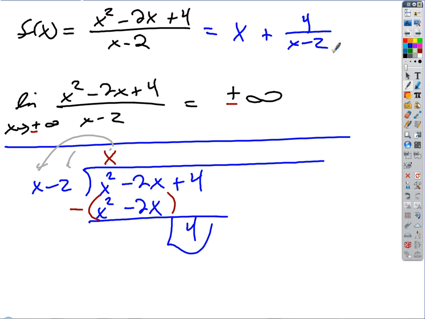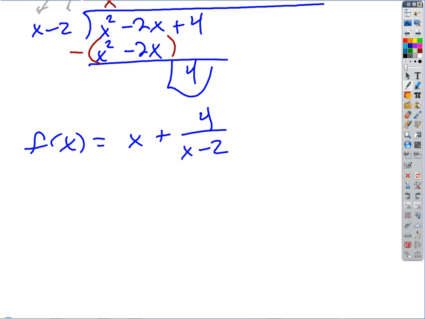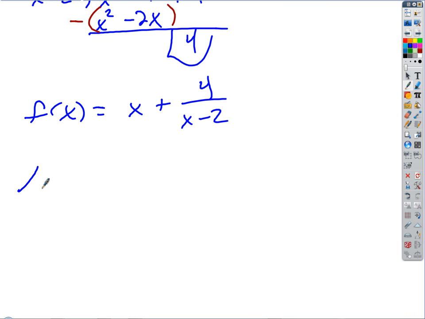Well, here's why we did that. Now if we take our limit again, okay? So we know that f of x equals x plus 4 over x minus 2. Now if I take the limit of f of x as x approaches plus or minus infinity, what's going to happen to this?